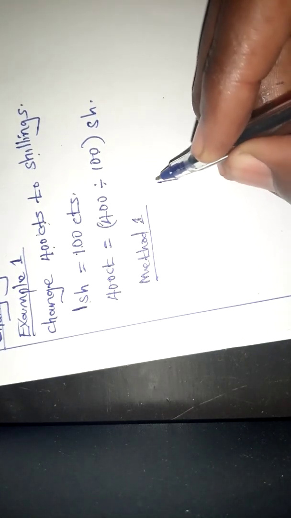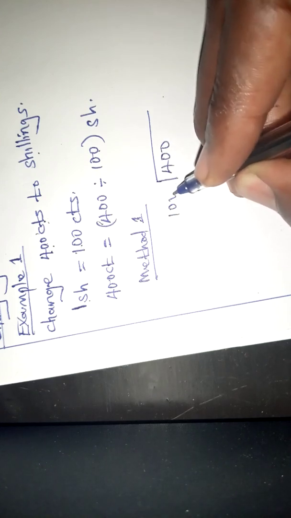But here now in dividing, there are 2 methods of dividing. There is this method of long division, using a long division like this one. Let us use method 1. Method 1, you use this long division, whereby you write 400 divided by 100.